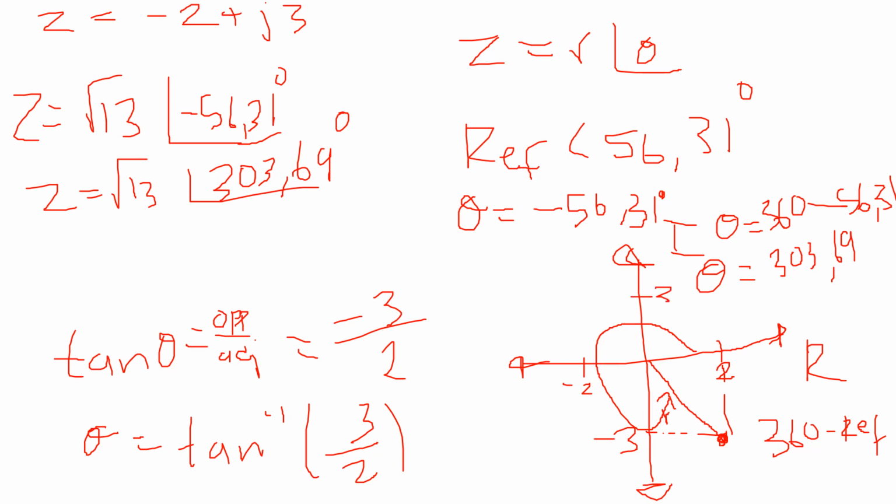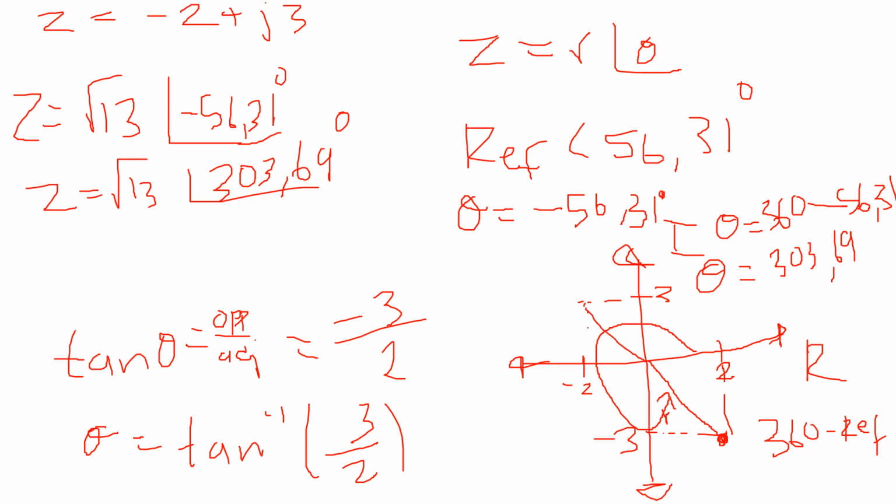Same thing will apply here. You have your opposite side equal to 3, because it's the imaginary part, and your adjacent side is equal to 2. So your reference angle will still be 56.31. But now your resultant will be in the second quadrant.